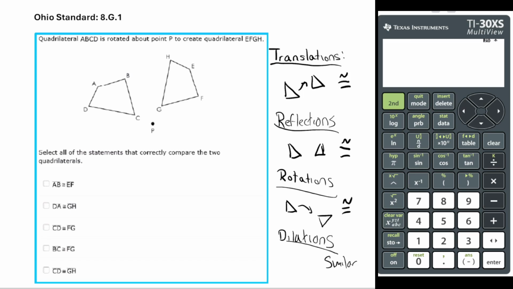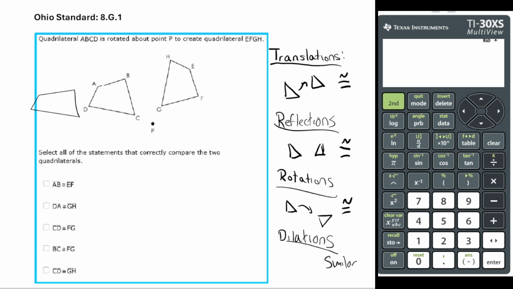Quadrilateral ABCD is rotated about point P to create quadrilateral EFGH. When you name shapes, the order matters. By which I mean, I should be able to redraw the original shape.